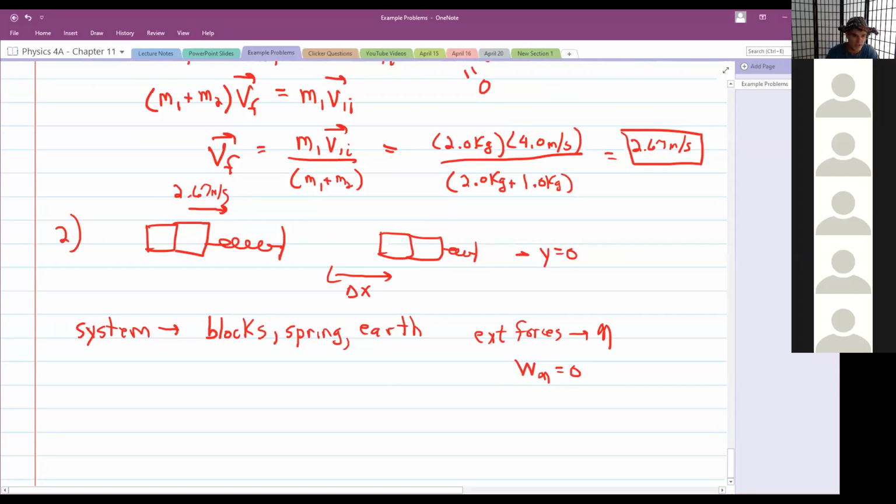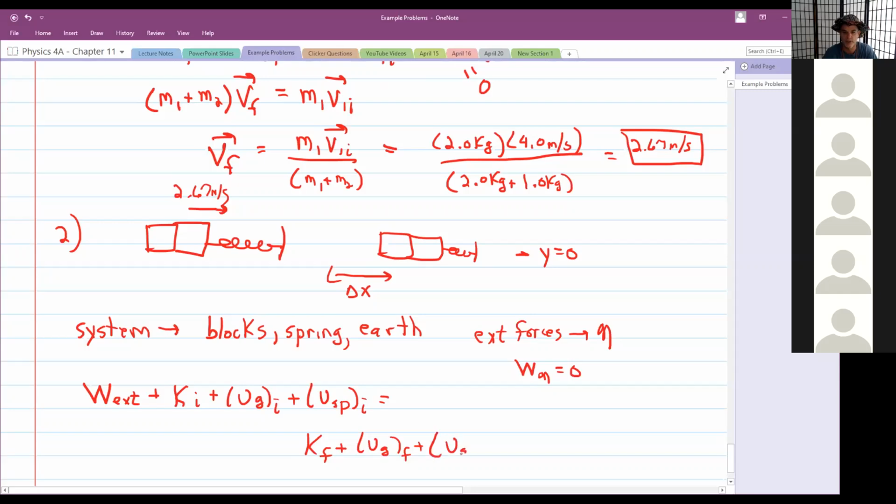So my big energy equation says the work done by all external forces plus my initial kinetic energy plus my initial gravitational potential energy plus my initial elastic potential energy equals my final kinetic plus my final gravitational potential plus my final elastic potential plus any change in thermal energy.